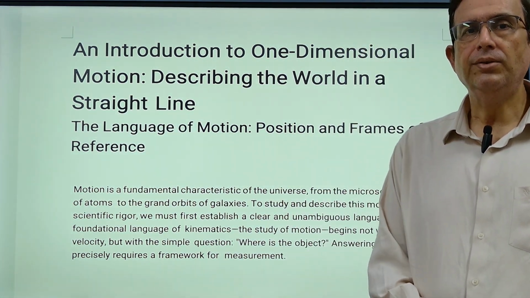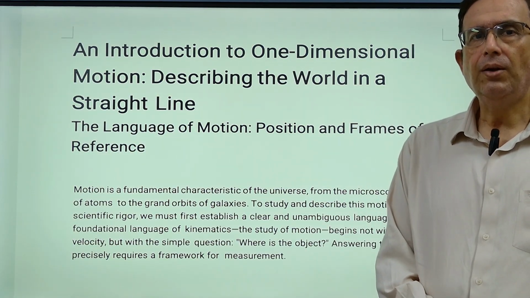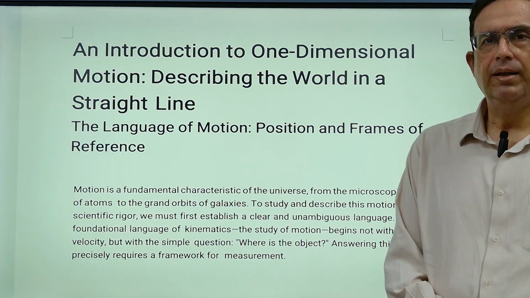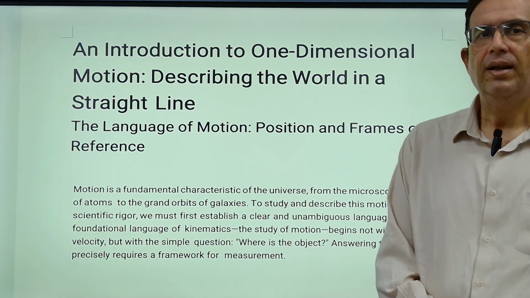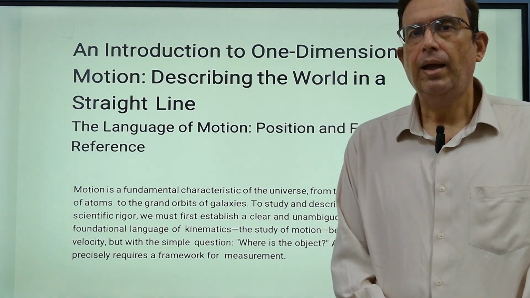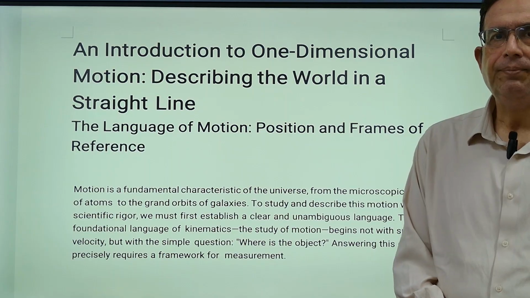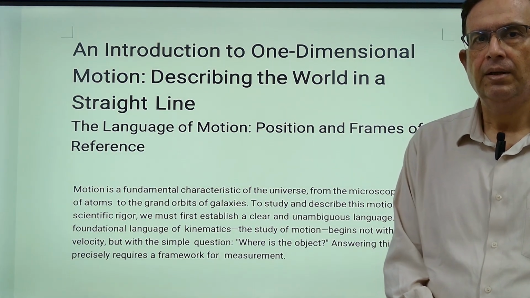So hello dear students. In this particular video, we are going to discuss the second chapter in the physics course of 11th class, and that is an introduction to one-dimensional motion. A one-dimensional motion basically is a kind of motion which is taking place in a straight line.